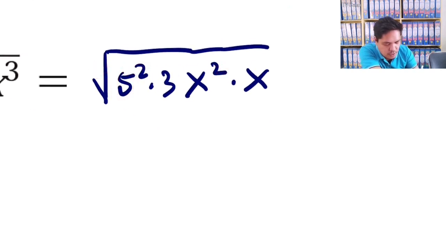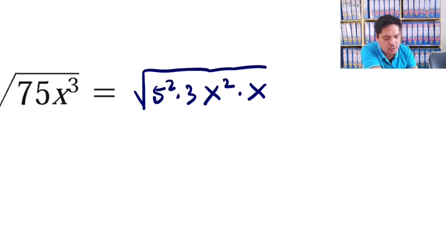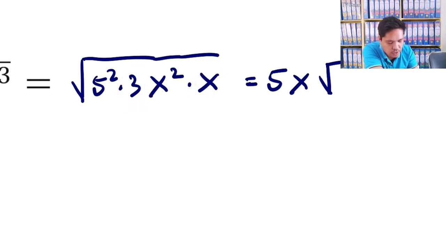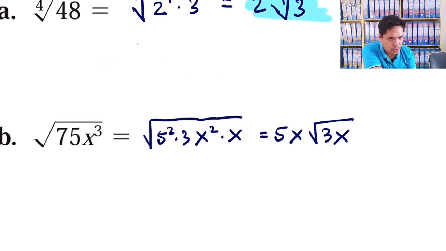These can come out. That would be 5x. What's left in the square root is the 3 and the one x, 3x. So that's your answer: 5x times the square root of 3x. Very easy.